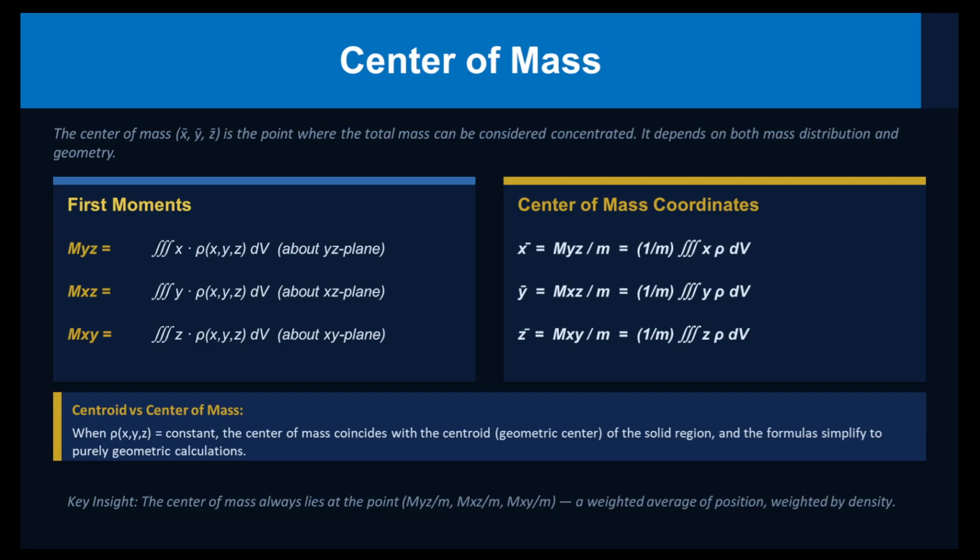After calculating the moments, we find the coordinates of the center of mass: x bar equals Myz divided by m. Similarly, z bar equals Mxy divided by m. One important thing is centroids and center of mass. If density remains constant throughout the object, then the center of mass and centroid become the same.